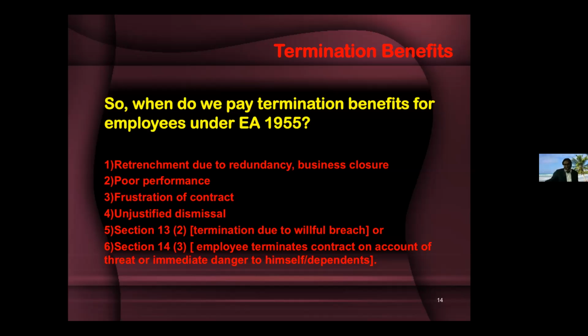Although this issue is highly disputable, because as I mentioned earlier, based on the actual definition of frustration of contract itself, there is no termination, because neither party actually terminates the employment contract. What actually happens in reality is a supervening event happens and breaks the contract.